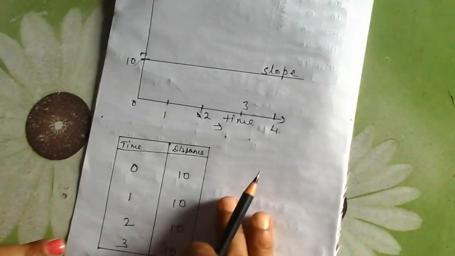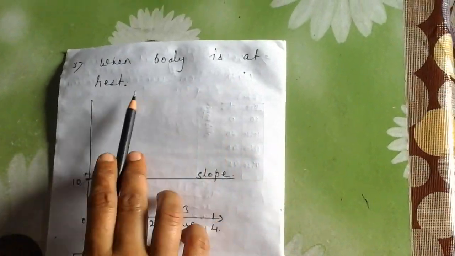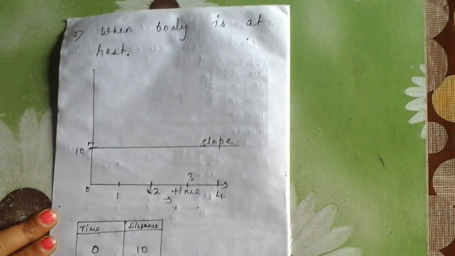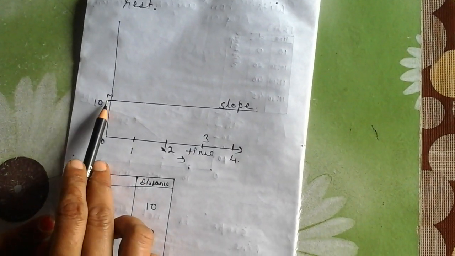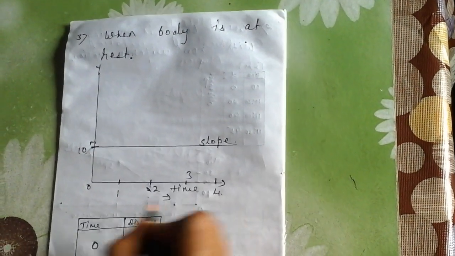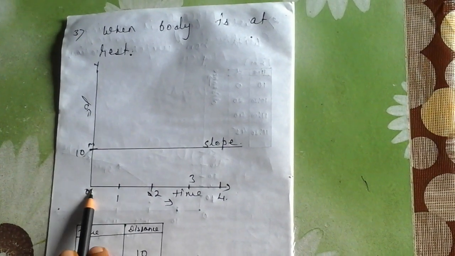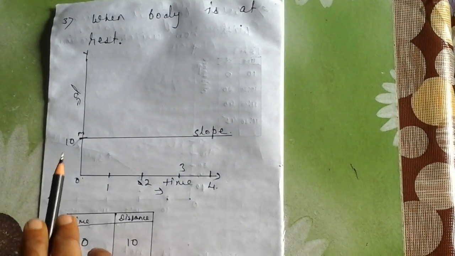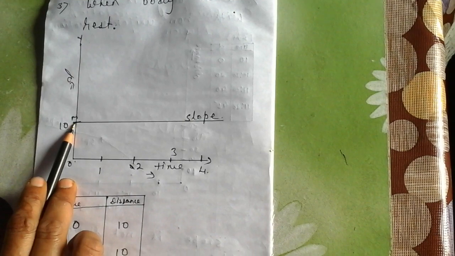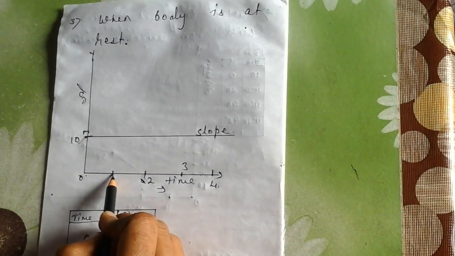And last one, let us consider when the body is at rest. Now suppose the body is at 10 meter. This is your distance. This is your time. When time is 0 seconds, the body is at 10 meter. Again, when time is 1 second, the body is at 10 meter.